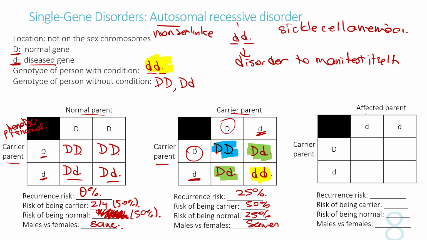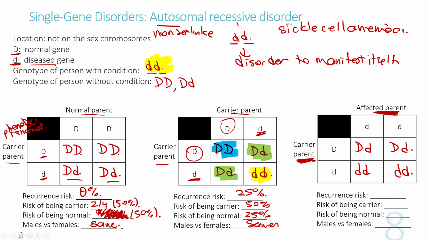Over here, what we have is an affected parent and a carrier parent. And this is actually quite common because a carrier parent would appear to be phenotypically normal, right? And so wouldn't know that they actually have that recessive gene in them. All right, so again, let's do this. So you've got 1 big D, little d, and then you've got that.